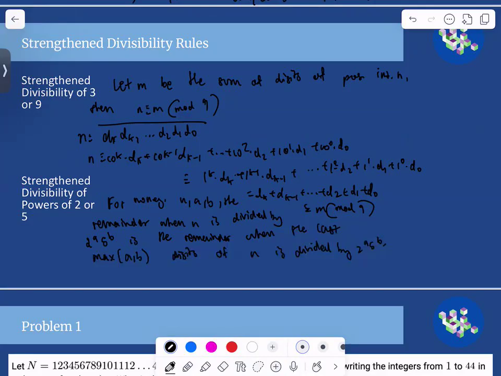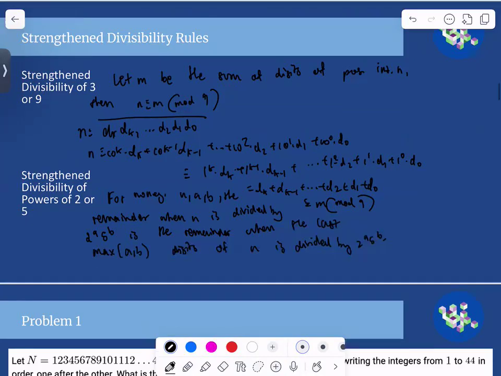And again, the proof is fairly straightforward. You can use something similar to this. You're essentially just writing it out, and ultimately you're going to have 10 to the max(A, B) times d_max(A, B).